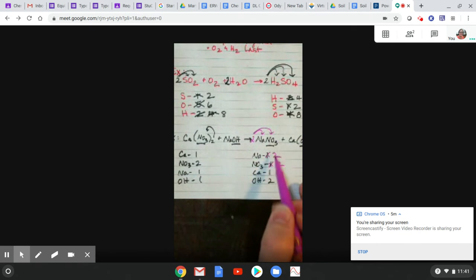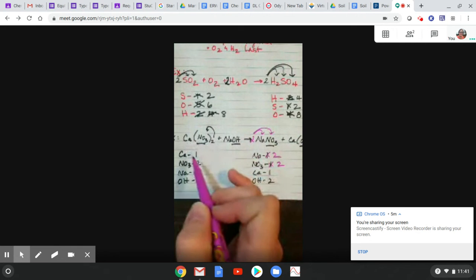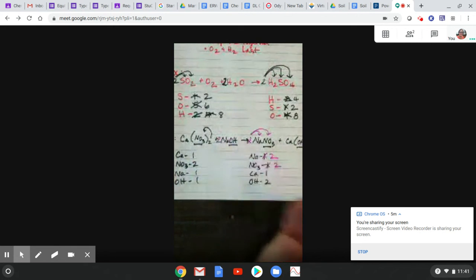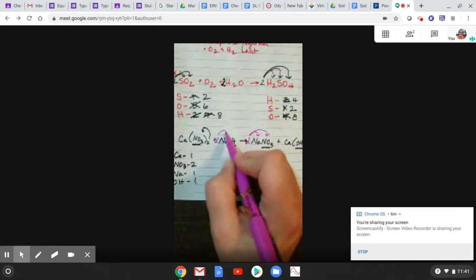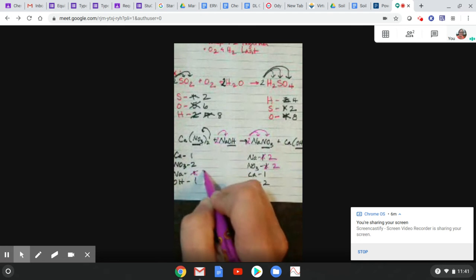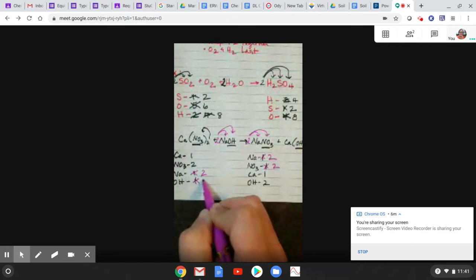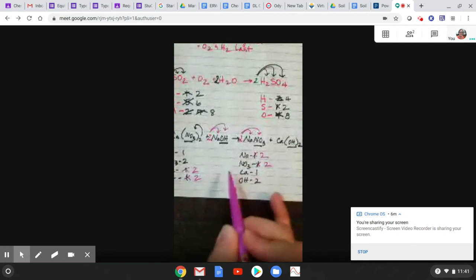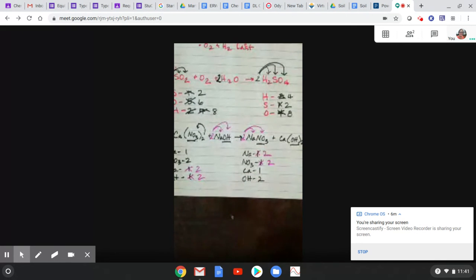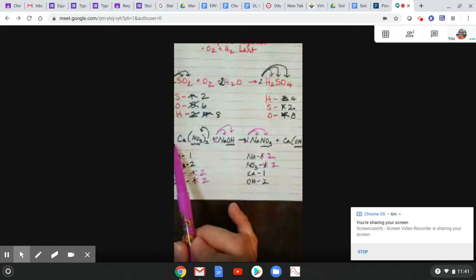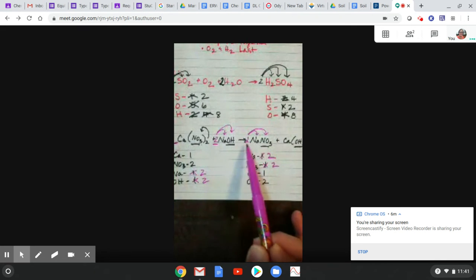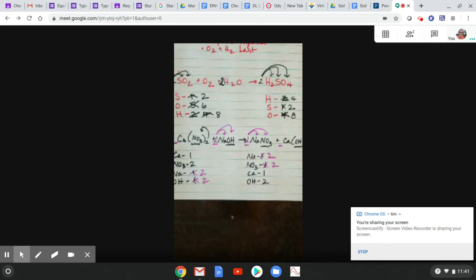Well, now that I have 2 sodiums on this side, the only way to get 2 sodiums on this side is to put a 2 in front of this. And now I have 2 sodiums, but I also have 2 hydroxides. And that's what I needed on the other side. So I ended up balancing my equation. So there would be a coefficient of a 1 in front of this, a 2, and a 1.